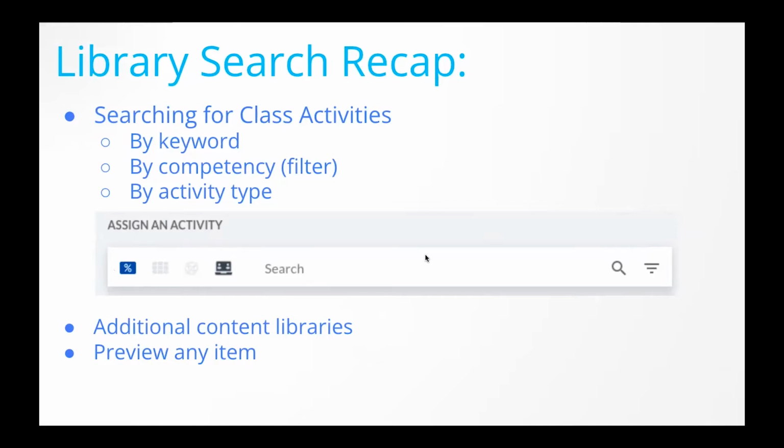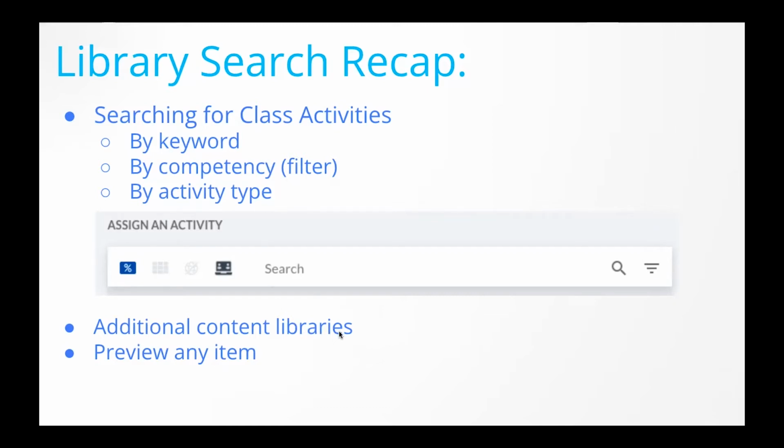Just like Dina showed, you can use that keyword or you can filter down by competency or learning standard. If you know the specific standard in your curriculum, like 6RP3, and you need to find an assessment or a collection on it, you can filter down using this little filter icon. You can select your framework, the grade, and then the competency. So you have a bunch of different ways to narrow down all the search results.